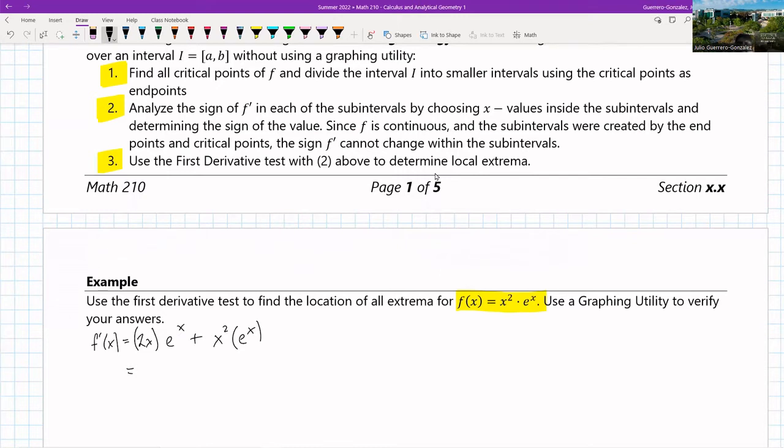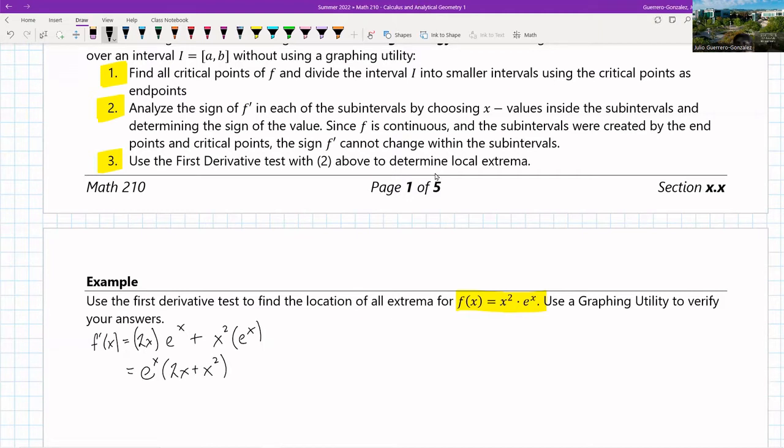This is going to be the section of the class where reducing anything will be helpful for you so that you don't have to do too much mental math, too much sort of algebraic manipulation, okay? So let's go ahead and reduce this a little bit. If you guys can see, there's an e to the x in both of these, so e to the x, and what gets left behind is 2x plus x squared, okay?